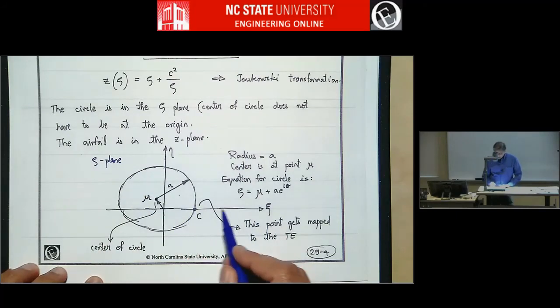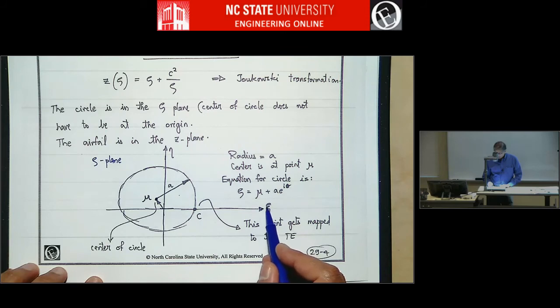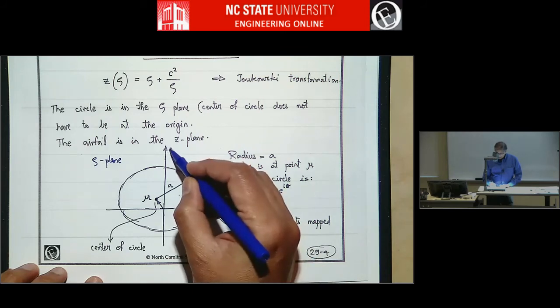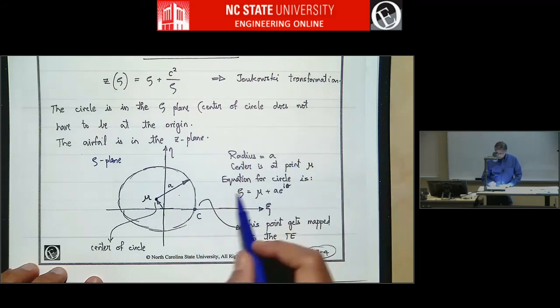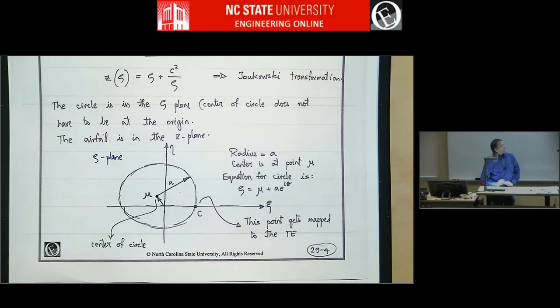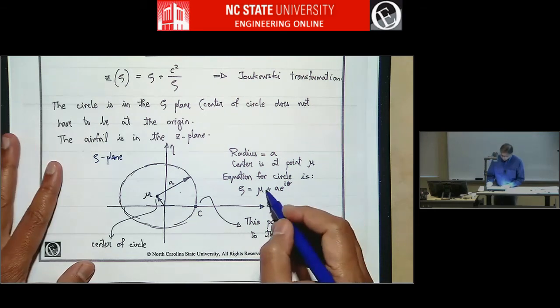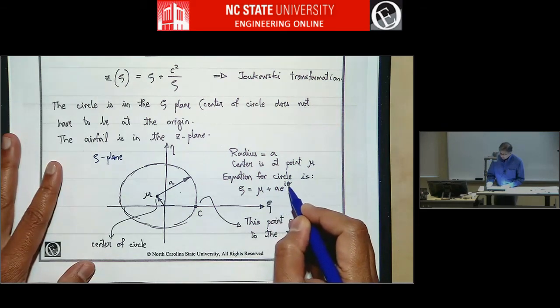The horizontal axis is psi and the vertical axis is eta. The center of the circle is here. The radius of the circle is a. And if you think through it, the equation for the circle in complex variables is mu plus a times e to the power i theta.